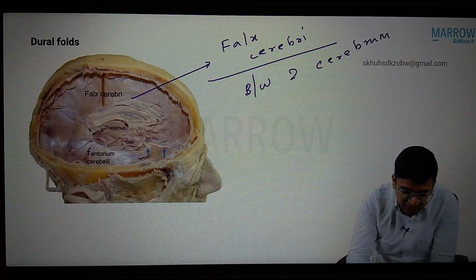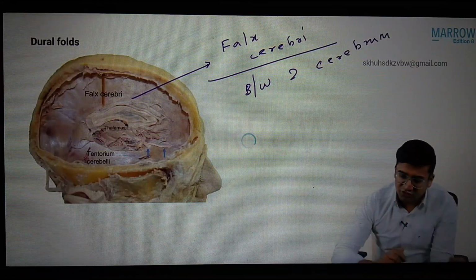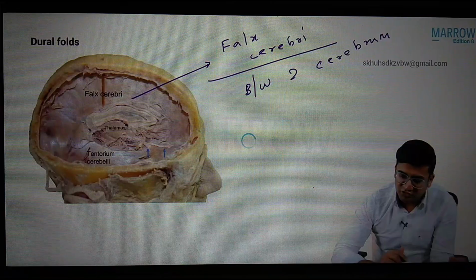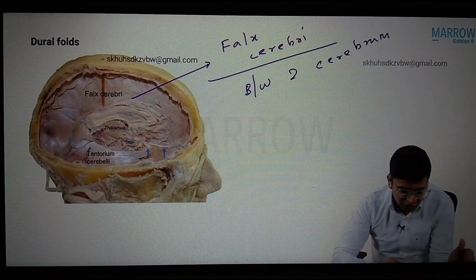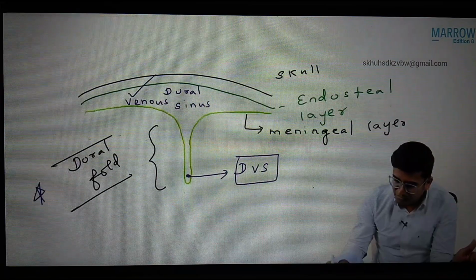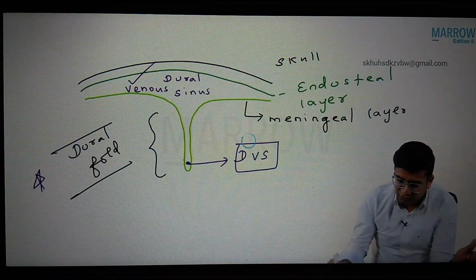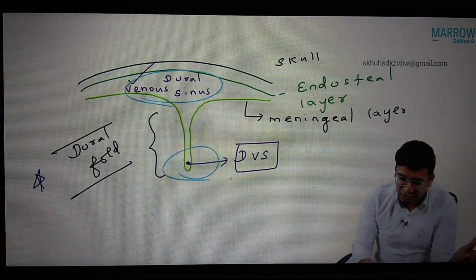Okay. Now, what are the contents of the falx cerebri? See, falx cerebri, in the dural folds, I told you, between the dural folds you have dural venous sinus.